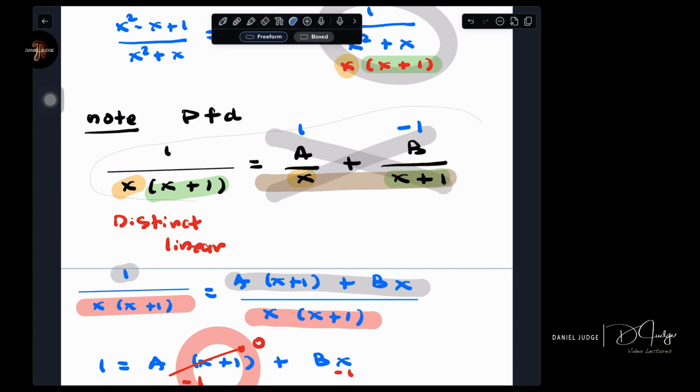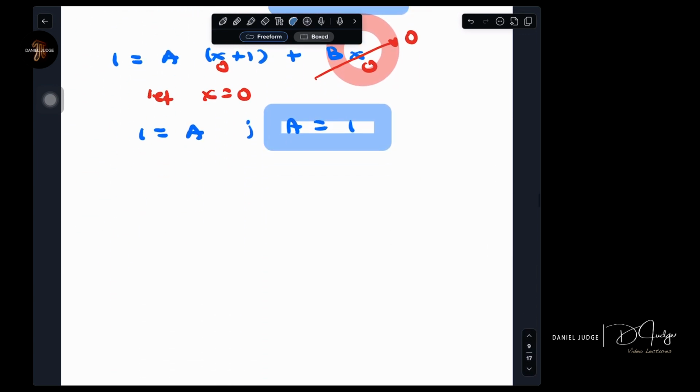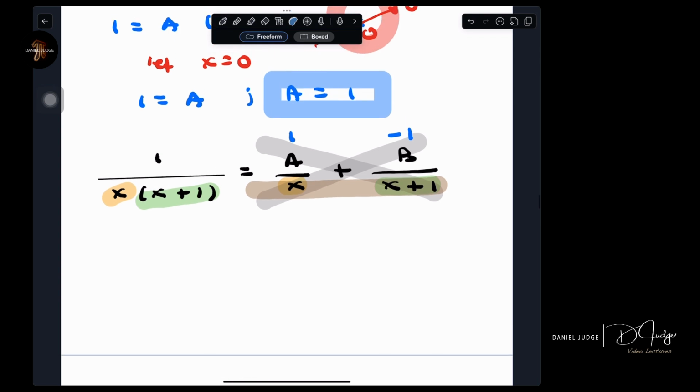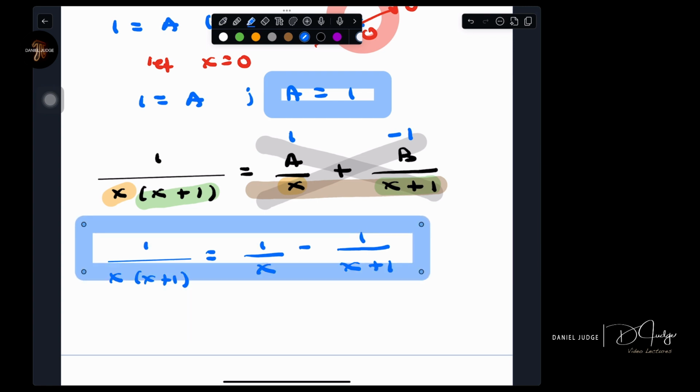Let's bring this down. So what we're seeing here is really 1 over x times x plus 1 can be written as the difference of two simpler fractions here.